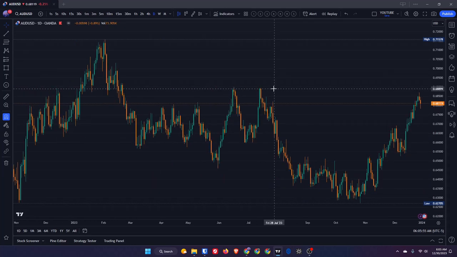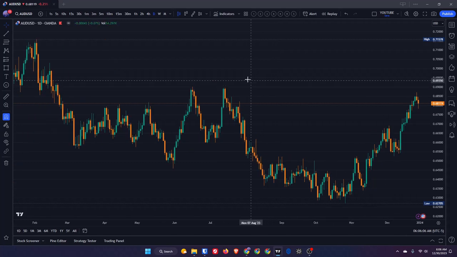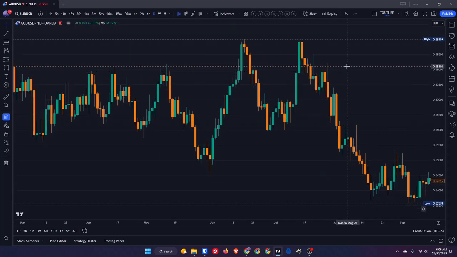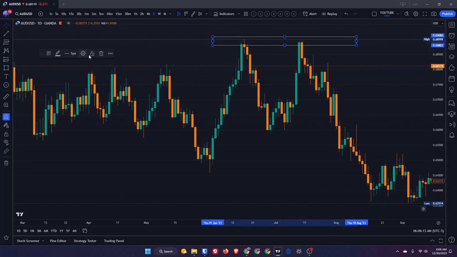But how do we use it to understand how to forecast future price? So let's say I'm trading, right, and we got a resistance level right here.